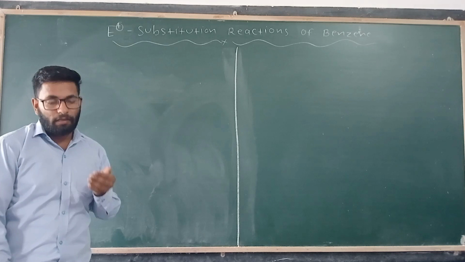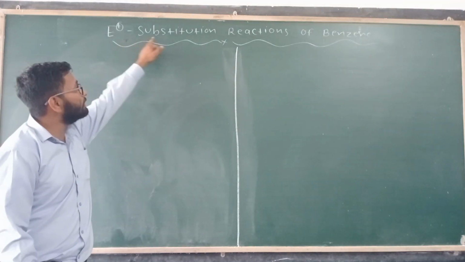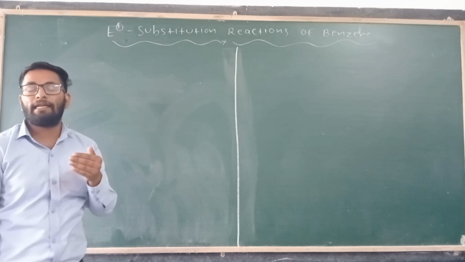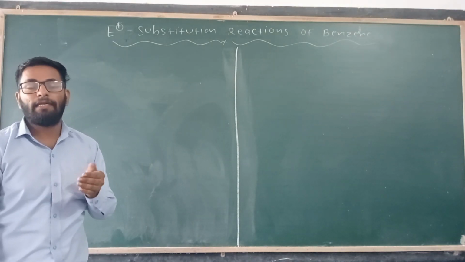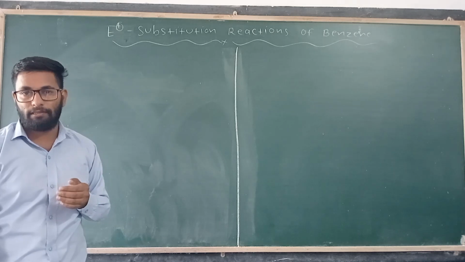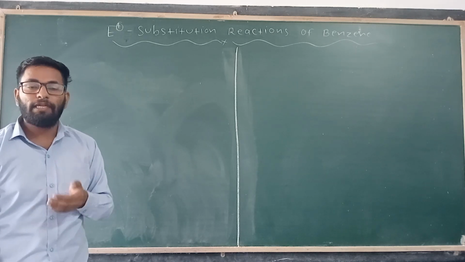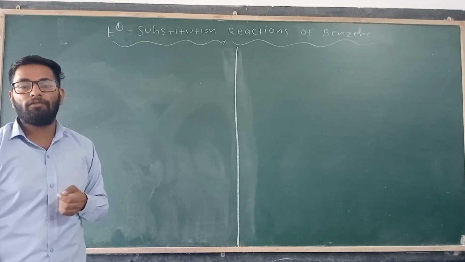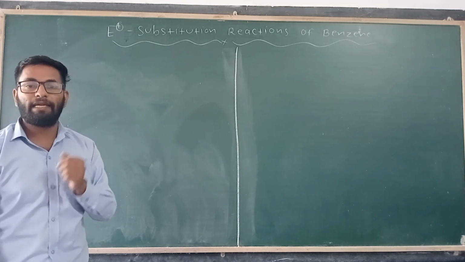First of all, I want to say that electrophilic substitution reactions are the characteristic property of aromatic compounds, and in our syllabus benzene and its derivatives are the aromatic compounds. So today we are going to discuss electrophilic substitution reactions of benzene.